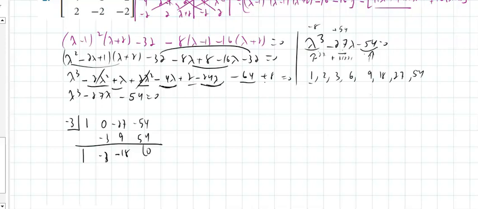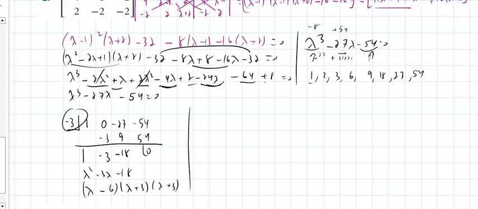Now, I should try negative 3 again. Whenever you get a factor that works, you try it one more time, or you could just say, look, that's lambda squared. It's quadratic. But if it wasn't quadratic, I would try that again. That is lambda minus 6, lambda plus 3, and times lambda plus 3.